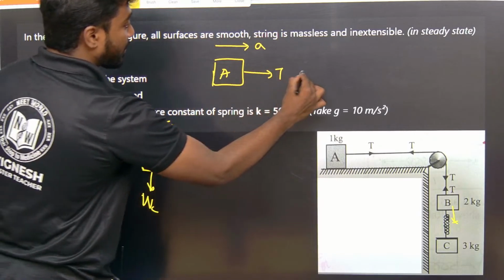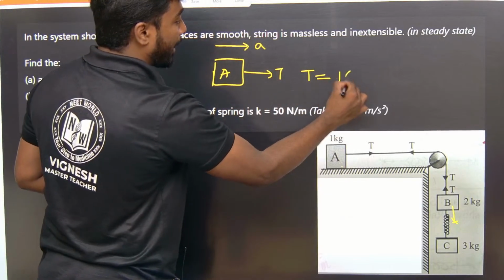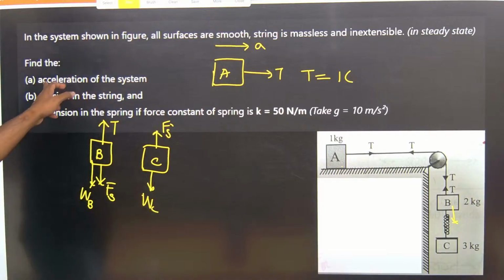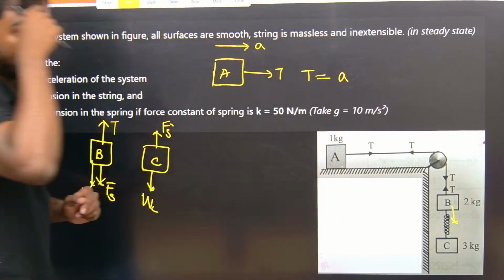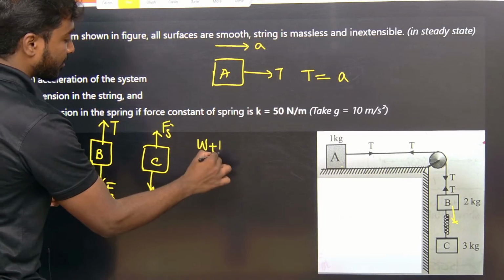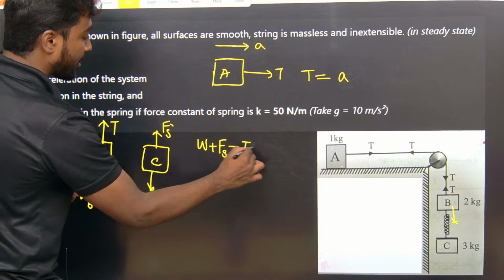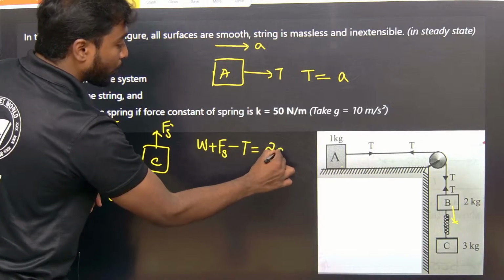So T is equal to mass, which is given as 1, times acceleration. Acceleration is not given, I need to find the acceleration. So 1a, T is equal to a. And in this case, W plus Fs minus T is equal to mass 2, so 2a.